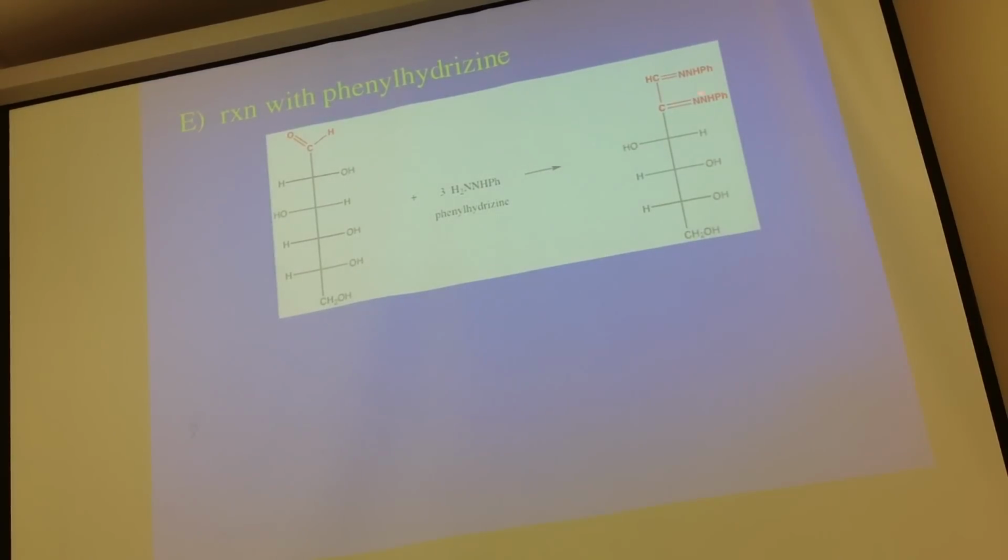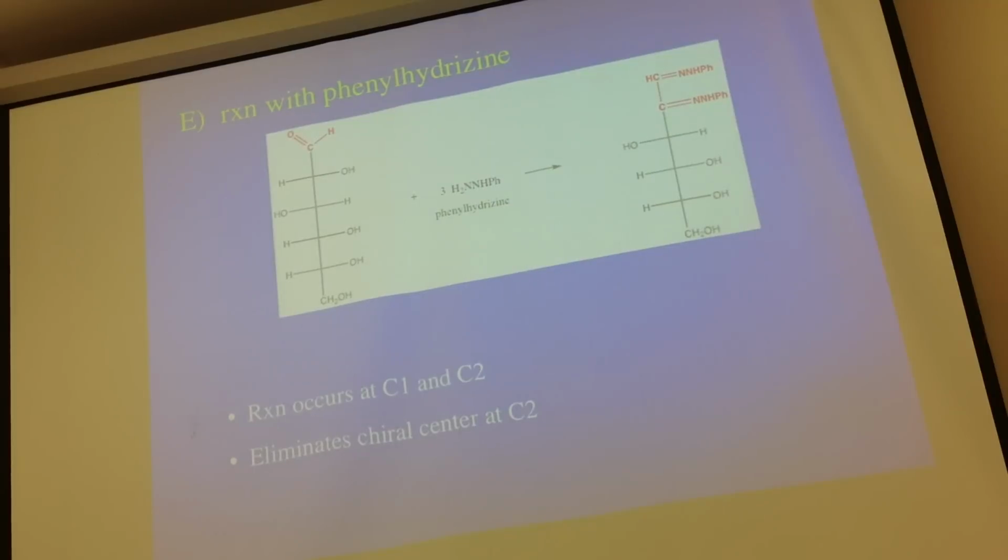Your book goes through a little mechanism where they show how this happens, and it's just through essentially tautomerizations and things. I'm not going to ask you guys that at all. But you just need to remember, the first one goes, that's kind of our no-brainer, we know that. The second one goes too. So you get these two. And this thing that we've created, this guy right here, is called an osazone.